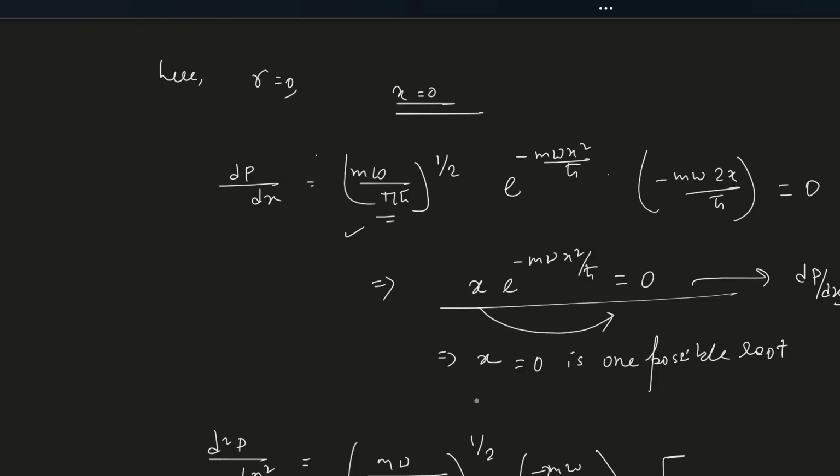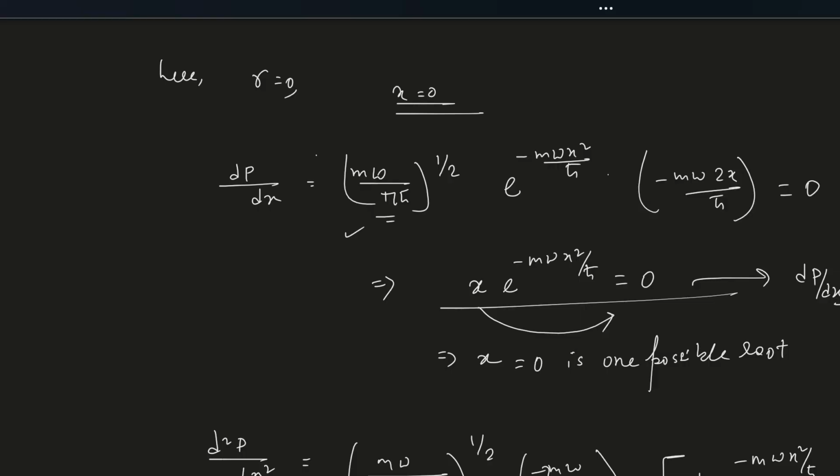So this is 1 times e to the power of minus m omega x squared by h cut, plus x times minus 2 m omega by h cut x times e to the power of minus m omega x squared by h cut.